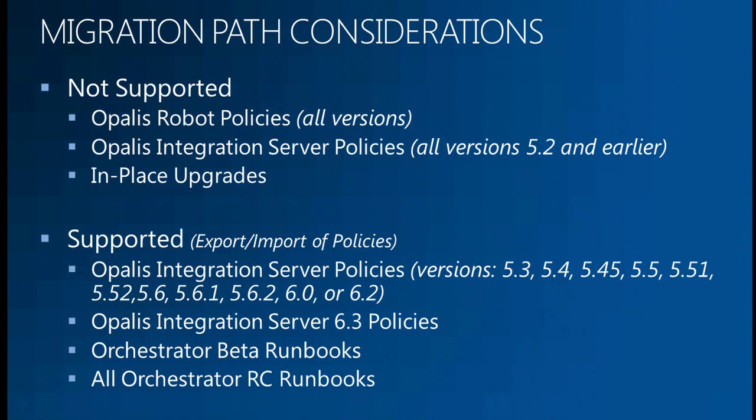What's supported? Export and import of policies that fall under the following categories: Opalis Integration Server versions, all of those, and Opalis Integration Server 6.3 policies. That's the Microsoft refresh of Opalis Integration Server. Also Orchestrator beta runbooks and all Orchestrator RC runbooks. Now, you're going to have runbooks that you created in beta that leverage some integration packs that need to be refreshed or updated to work with the RC.